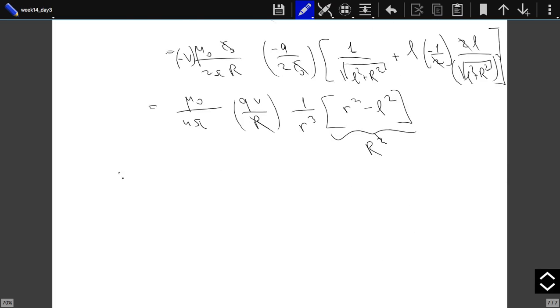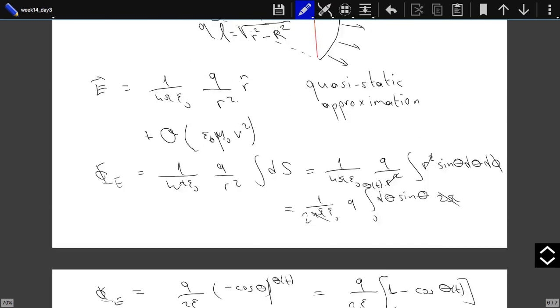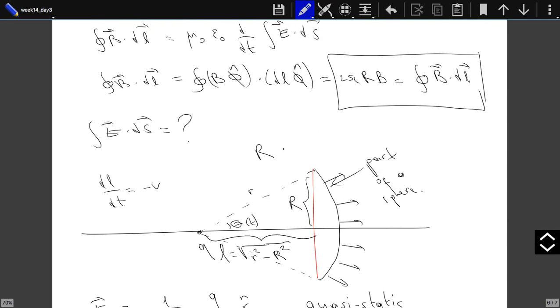And we are left with B is equal to mu 0 over 4 pi q v r over r cubed. Or, this is mu 0 over 4 pi q times v times small r times sine theta divided by r cubed. Because capital R is nothing but small r times sine theta.